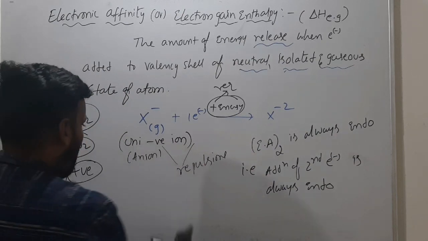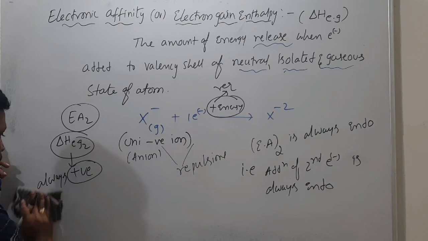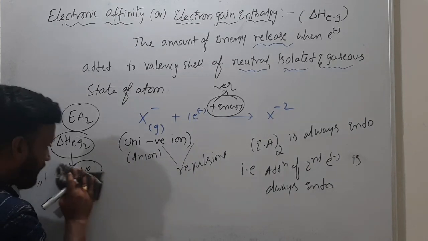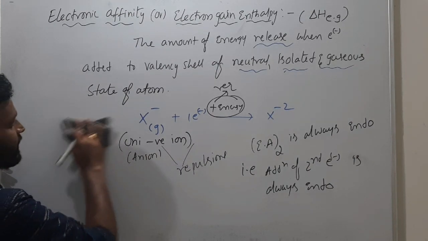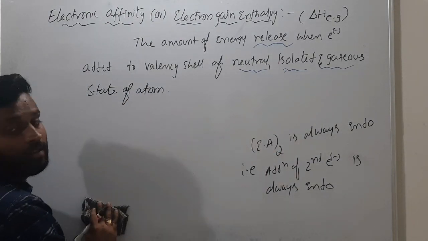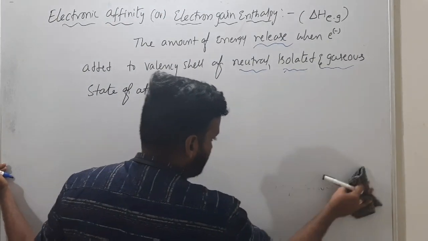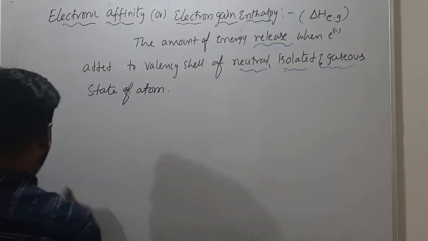Very important. You can understand this using an example. Take a screenshot again, or pause the video and write. So second electron addition is difficult. Why? Because of negative repulsions.